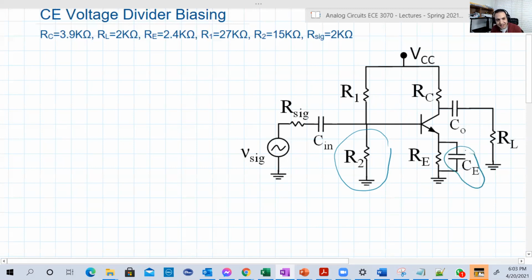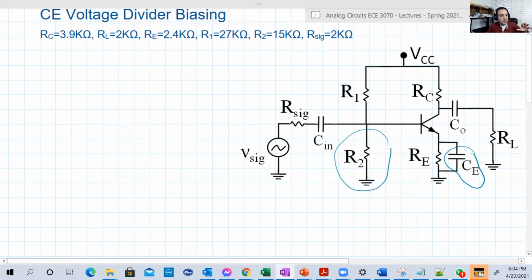And this capacitor is really a nice trick. We see that with the degenerate resistance, we could increase our input and also make the DC Q point stable.